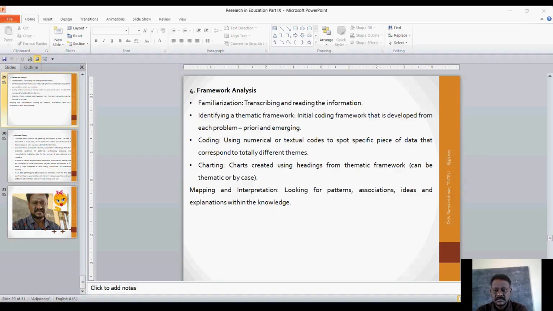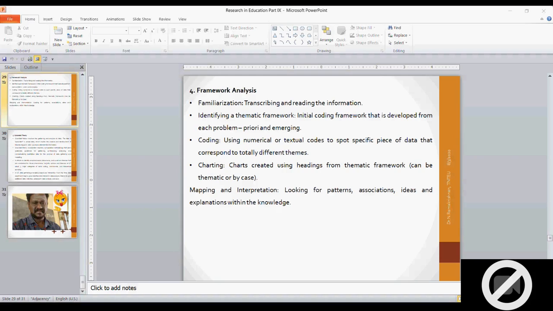I express my gratitude to today's most respected, honorable, and beloved Professor Dr. N. Ramakrishnan, our center head, member syndicate, Professor and Head in the Department of Education Technology in Tamilnadu Education University.